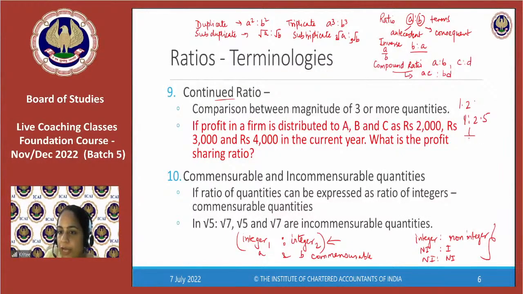See, 2.5 can be written as 5 by 2. So the ratio becomes 2 by 5, right? So these are commensurable quantities. If you can express any ratio in integer form, they are commensurable quantities. Are you getting this? Okay.